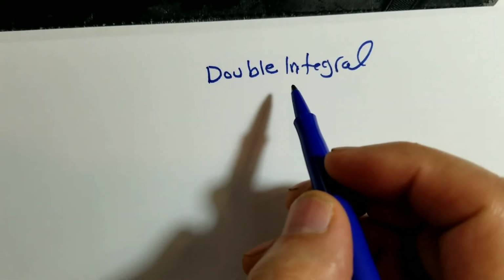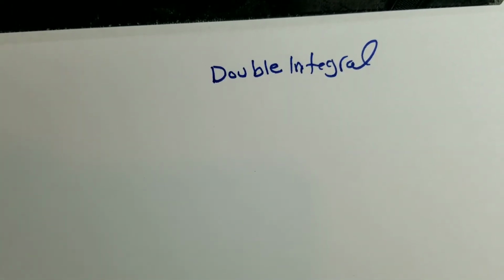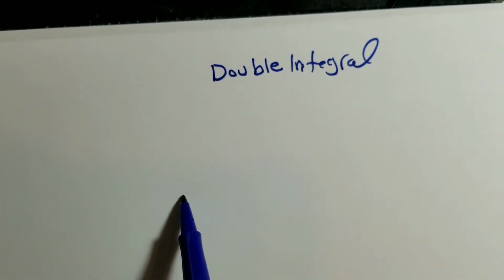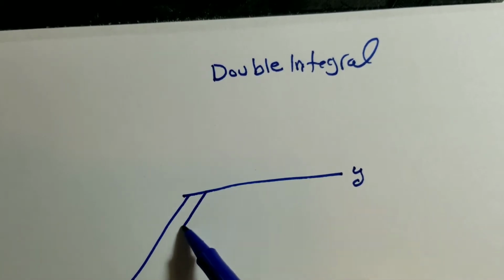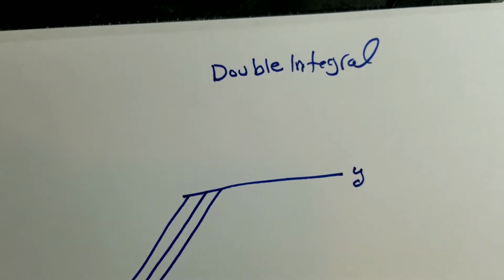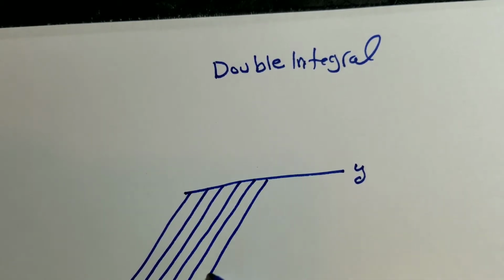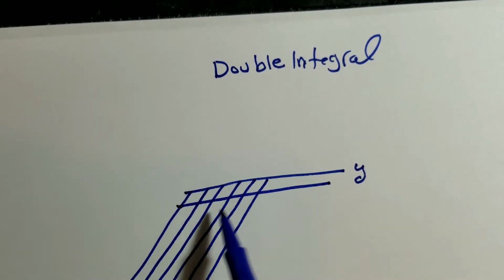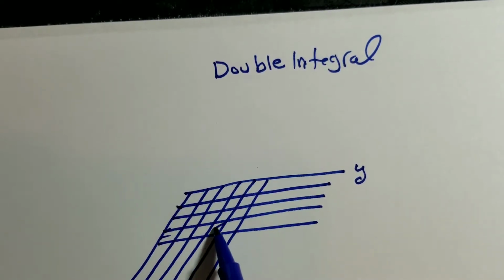We're gonna do some more problems regarding double integrals. Remember, with double integrals, you take your region, which is your x and y, and you divide your region into infinitely many rectangles, and you find the area of one representative.